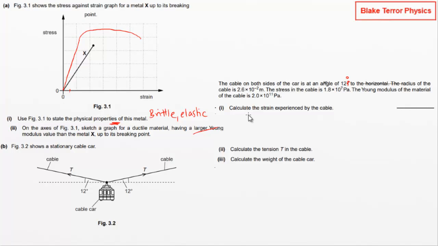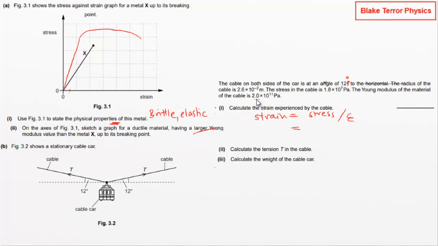So Young's modulus is stress over strain, and we want to get strain. So strain is equal to stress divided by Young's modulus. What have they given us here? So the stress is 1.8 times 10 to the 7. And the Young's modulus is 2 times 10 to the 11.